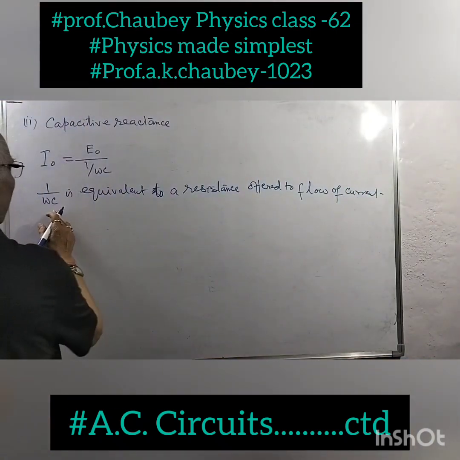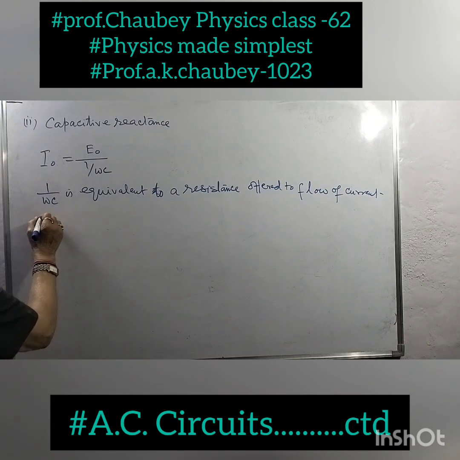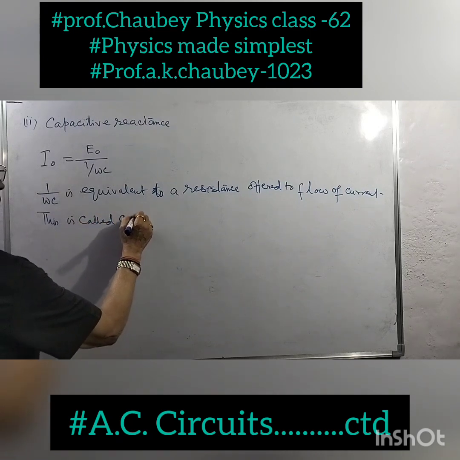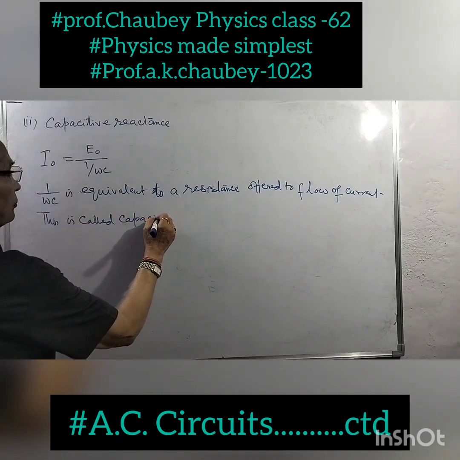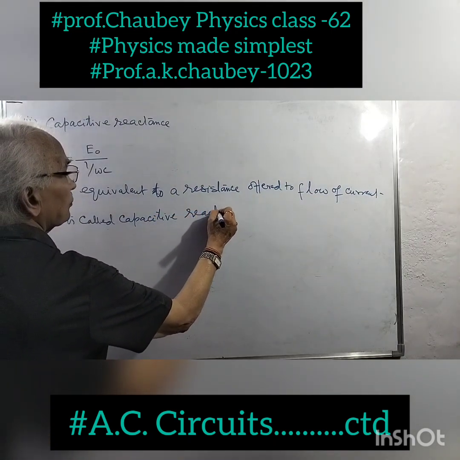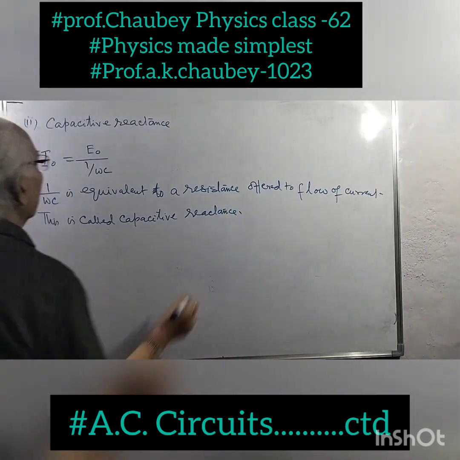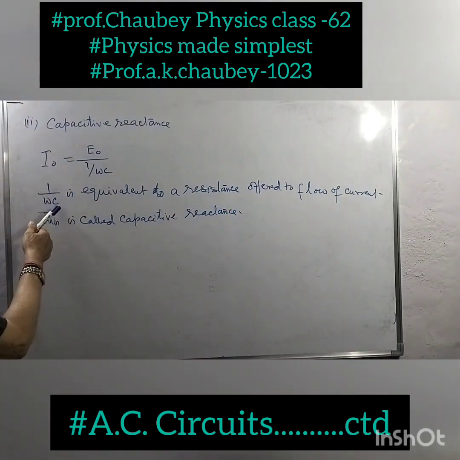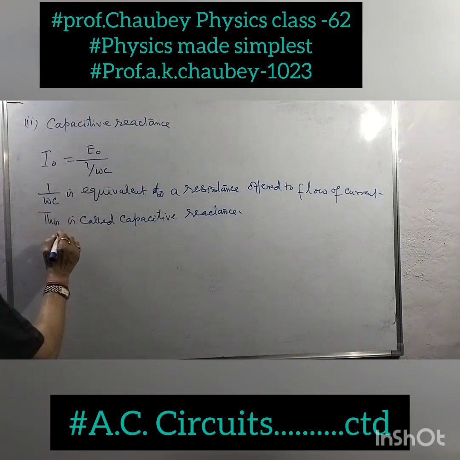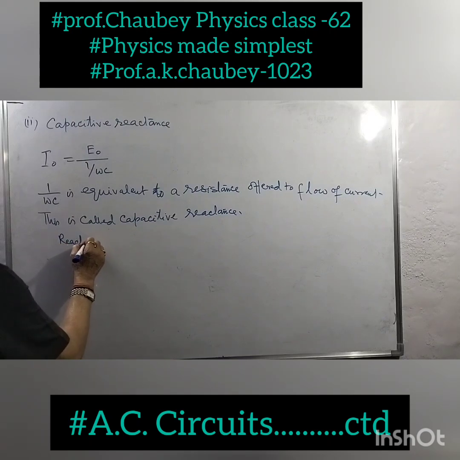So that 1 over omega C behaves like this, it is called capacitive reactance. Means you can write 1 over omega C equivalent to resistance. So reactance, that is capacitor.